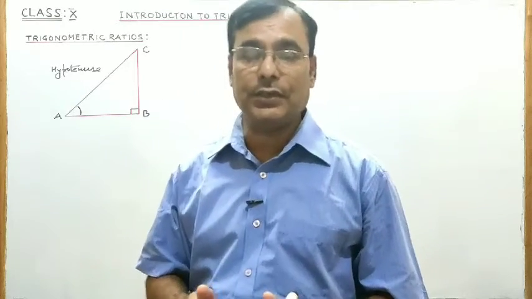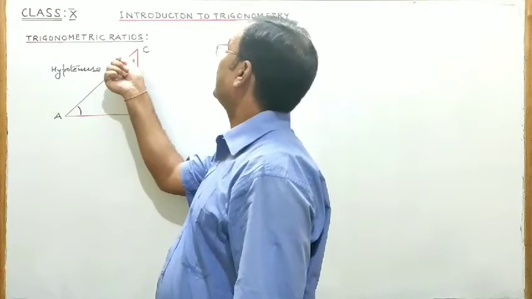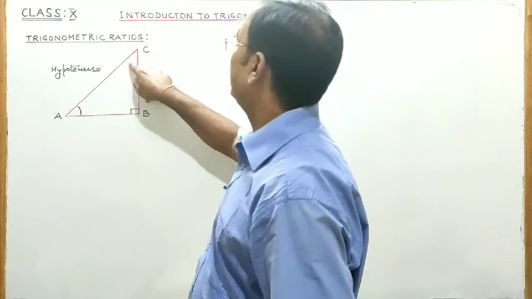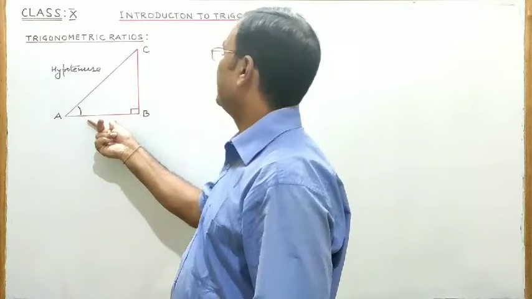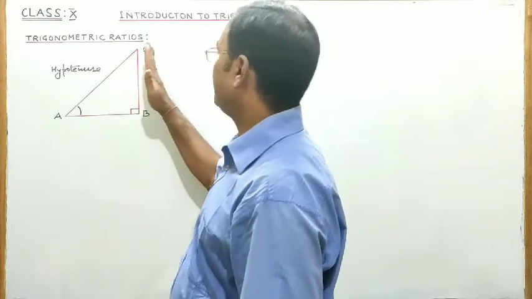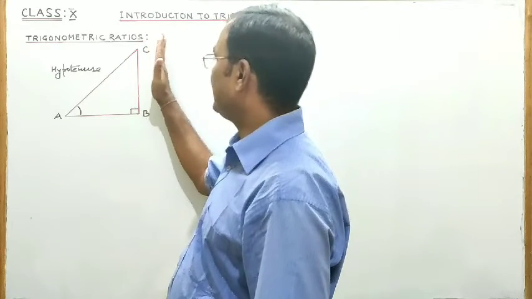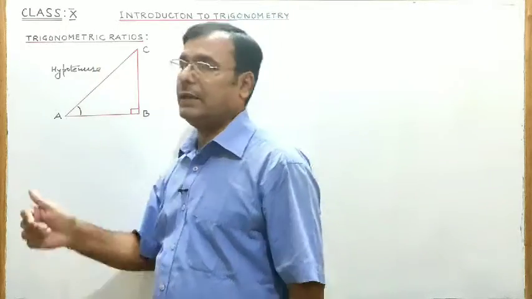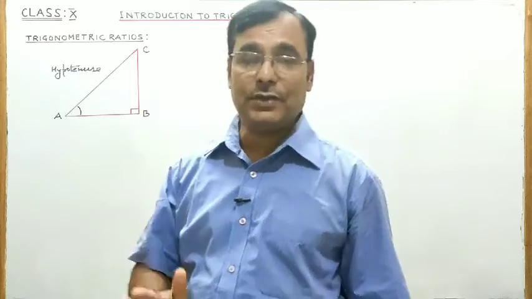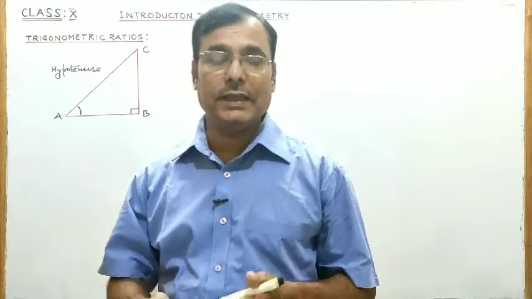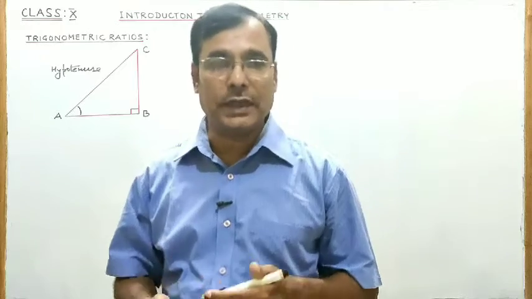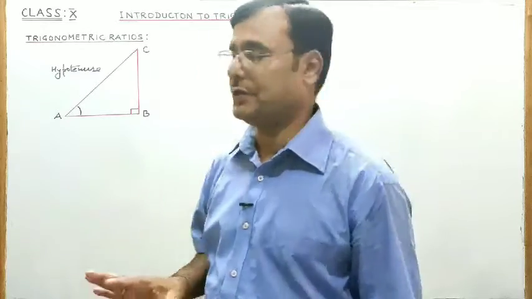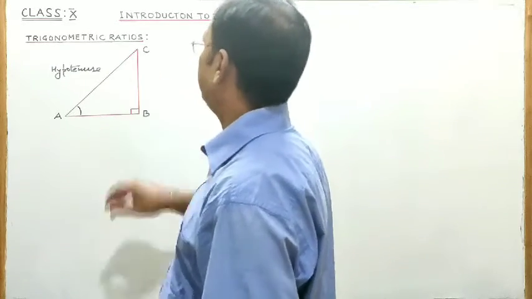But if we change the acute angle, because angle C in triangle ABC is also an acute angle, then for this acute angle C, side AB will be the side opposite to angle C, and side BC will be the side adjacent to considered acute angle C. So the side opposite to an acute angle and the side adjacent to it change according to the acute angle considered in a right angle triangle, for which we have to write trigonometric ratios. So we have to take care of this.